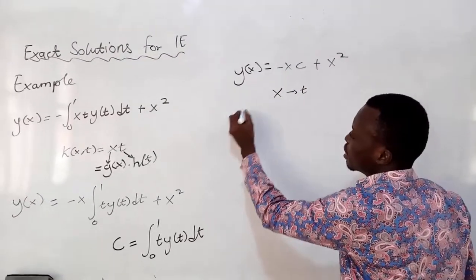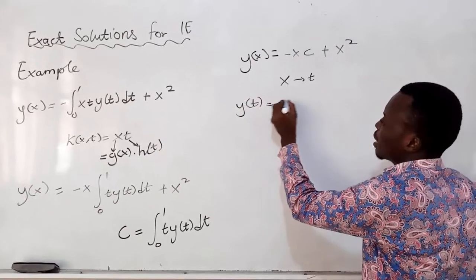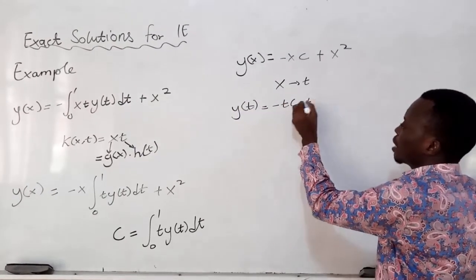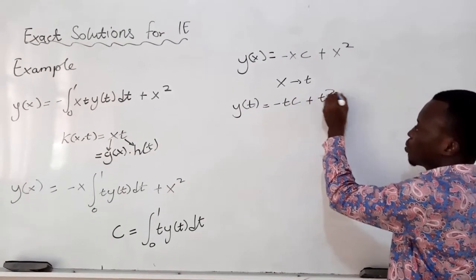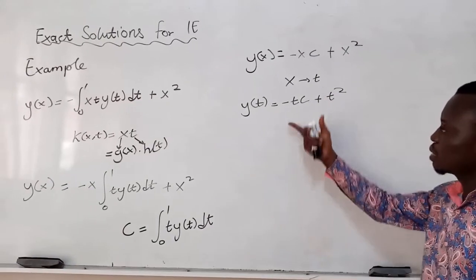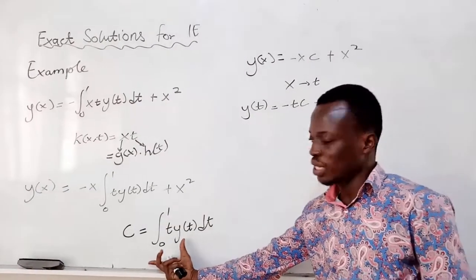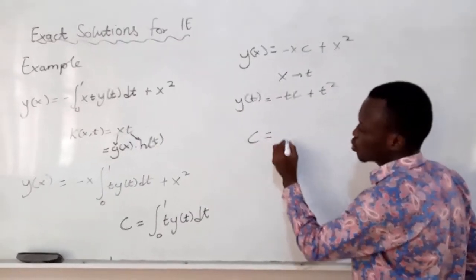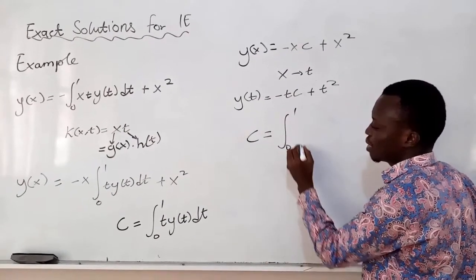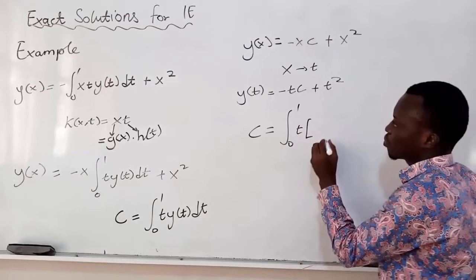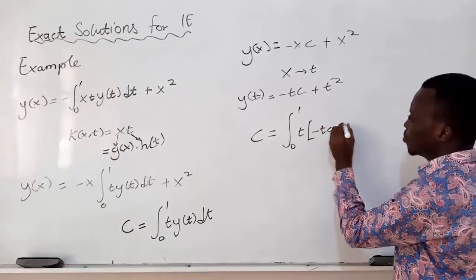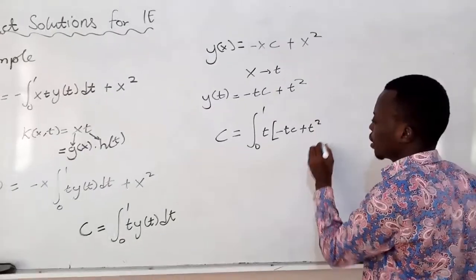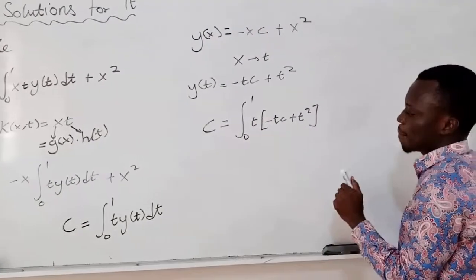So our y of t becomes minus t c plus t squared. Now let's substitute this y of t into this equation. So our c becomes c equal to the integral from 0 to 1 of t times (minus t c plus t squared) dt.